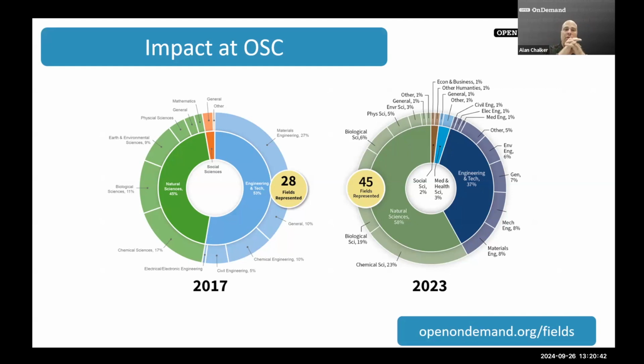I work at the Ohio Supercomputer Center, and we made our first major public release of Open OnDemand around 2016, 17 or so. Our client community had about 28 fields of science represented, and last year it was 45.